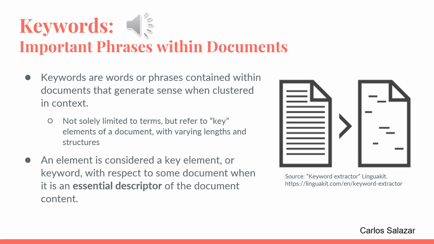So, carrying on with what a keyword is, essentially, if we were to have some element with respect to some document that is an essential descriptor of the document content, then this is what is defined as a key element or a keyword.